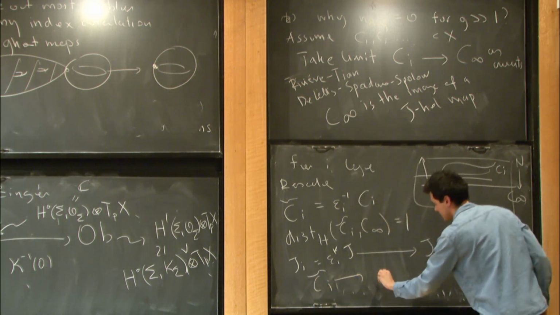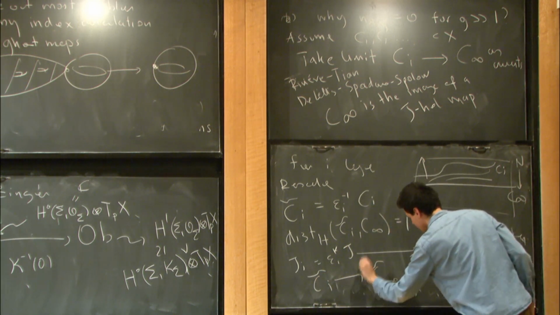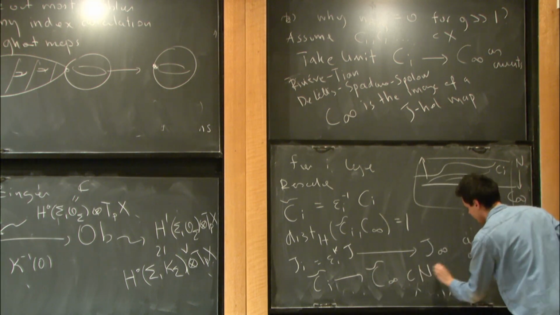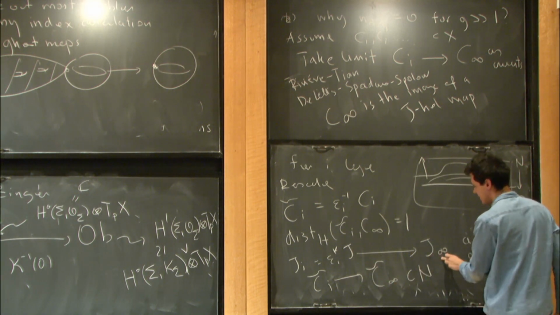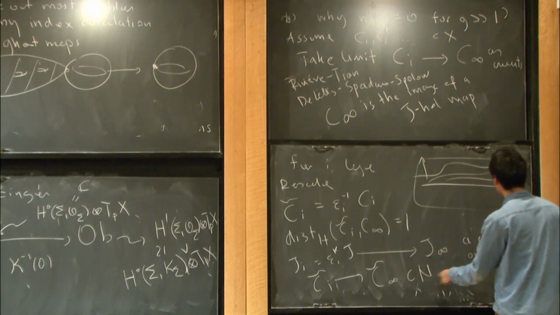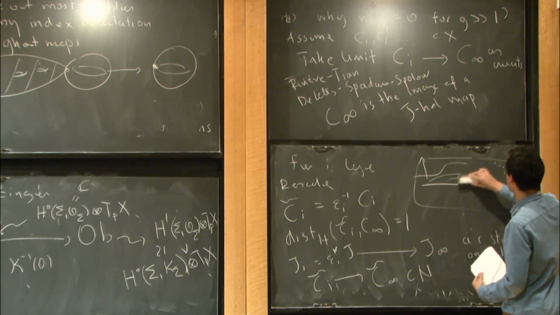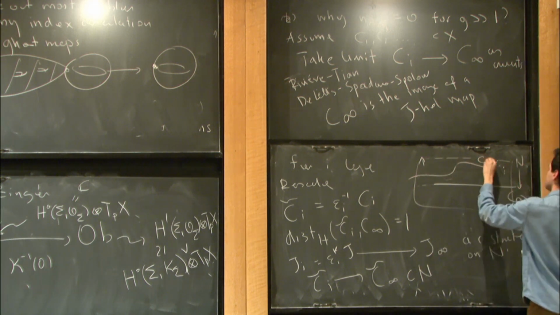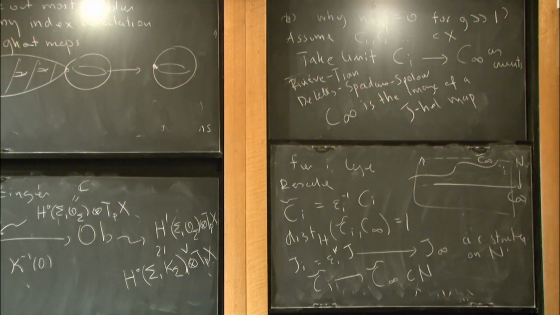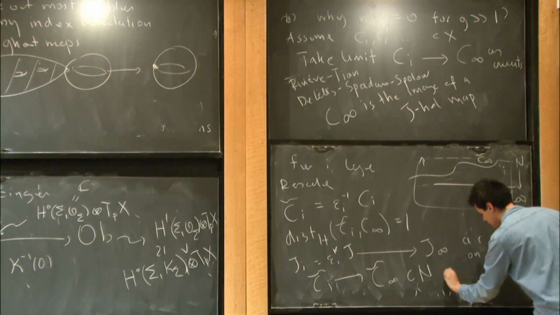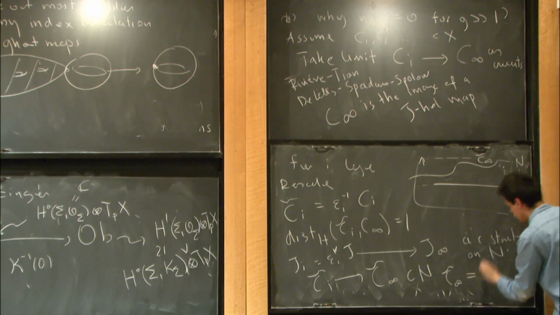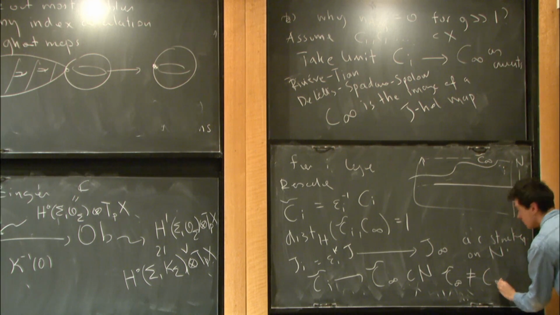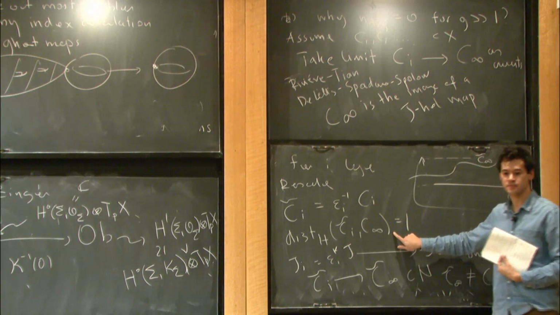So these rescaled guys converge to C infinity twiddle, which is some sort of J infinity holomorphic curve inside N. So you get some curve, C infinity twiddle. And moreover, this curve is different from the 0 section because I assume this condition.